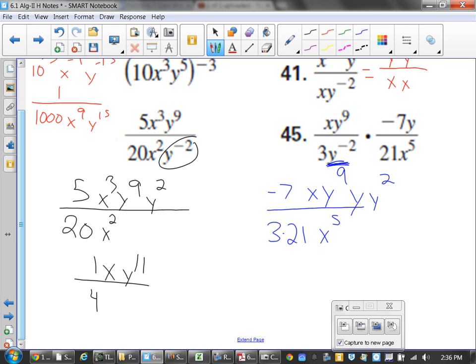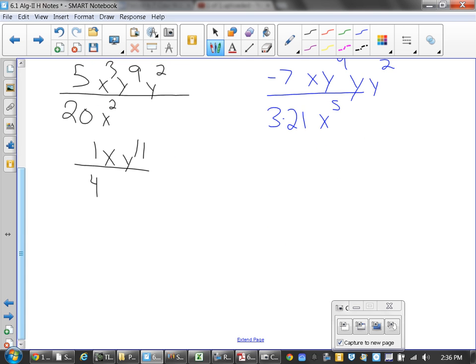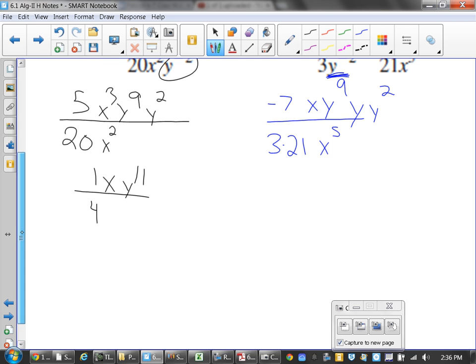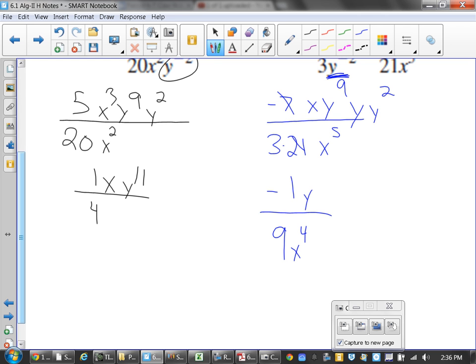Now, simplify your numbers. 7 goes into 21 how many times? 3. So this becomes -1 over 9. We have x and an x to the 5th. Who wins? So what does it become? x to the 4th in the denominator. And now I have y to the 9th, y, and y squared. What do I get? Very good. And you're done.